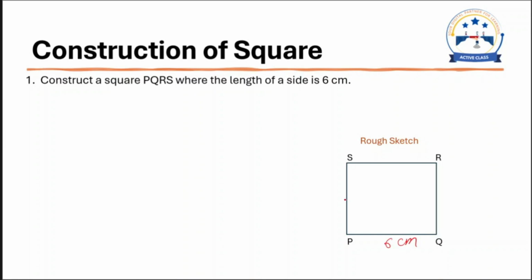And you know all sides of a square are equal, so you can use this property, as well as each interior angle of a square is 90 degree. You can use these two properties in order to construct a square. Solution: given information remains similar to the construction of a rectangle.